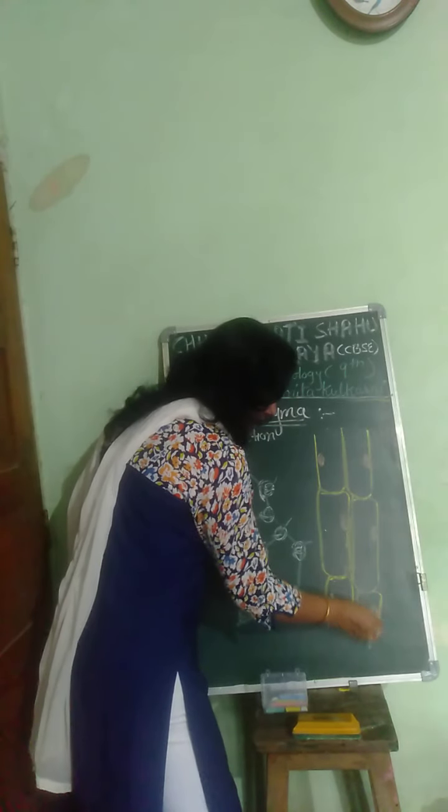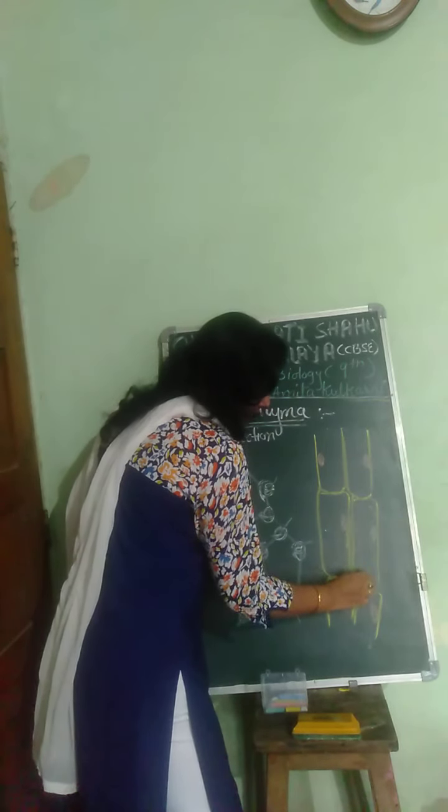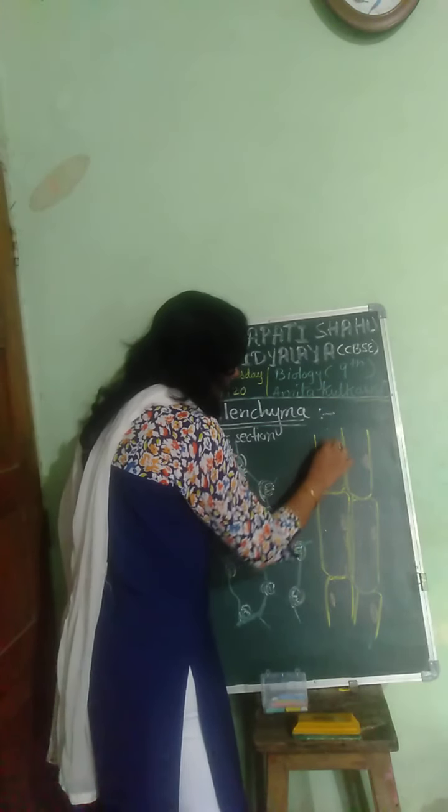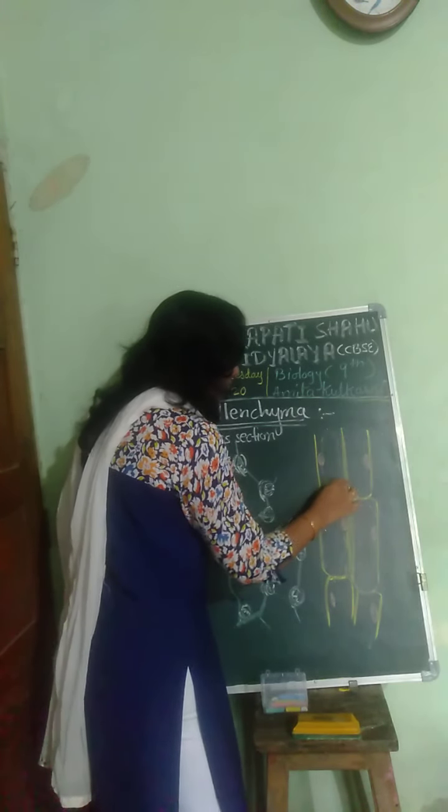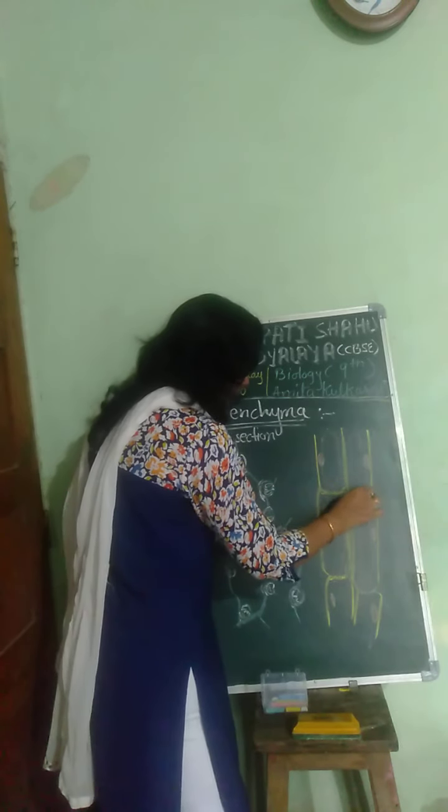Because in plant cells the vacuoles are quite large in size, right? So the nucleus is shifted towards the cell membrane, which we have studied last year. Correct? So this is the nucleus.